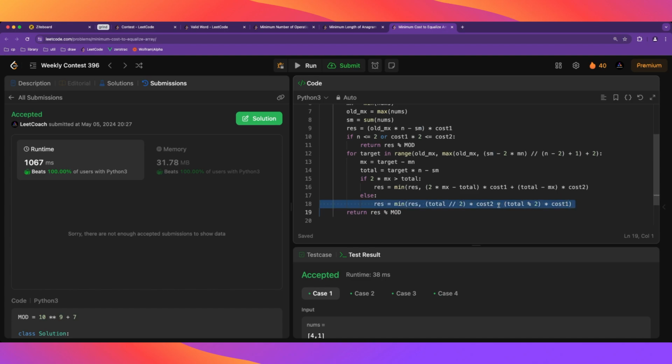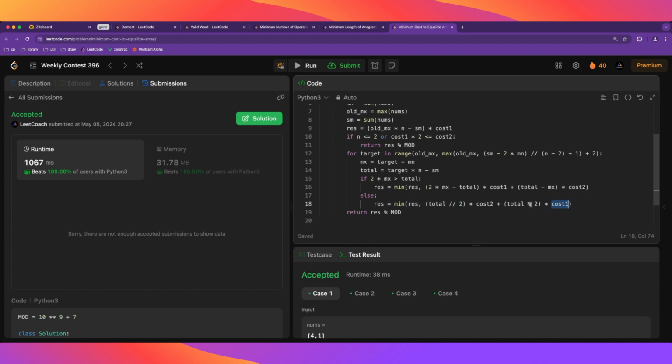then it doesn't make sense to keep increasing the target, right? Because here we're already using all the cost 2 operations that we can, which are the cheaper operations. The only exception, we might want to do 2 of this, because for parity reasons, maybe we can avoid paying cost 1 by doing 2 of them.